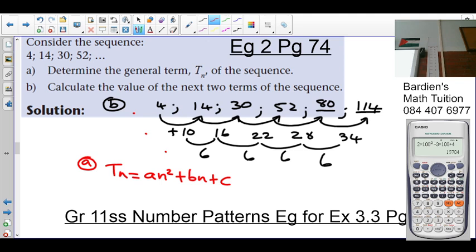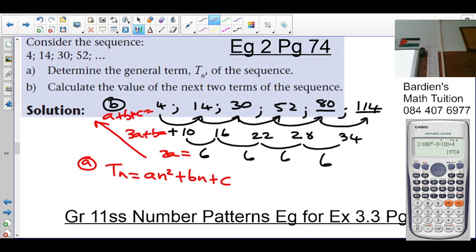Alright, so what do I write on the side? 2a, then 3a plus b, then a plus b plus c. Move from the bottom up. Okay? So where do I start?